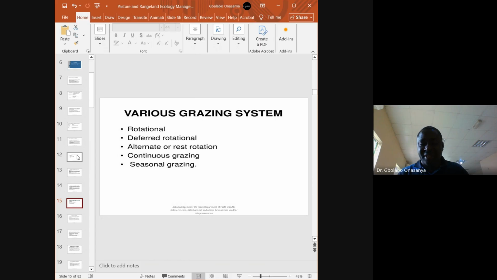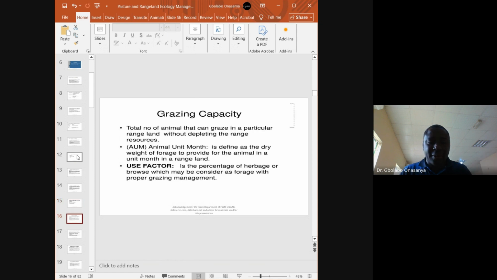We have deferred rotational grazing, continuous grazing, seasonal grazing, and a whole lot of them. And I discussed this extensively yesterday. And grazing capacity: we should be able to know the grazing capacity of our pasture land and of our rangeland.